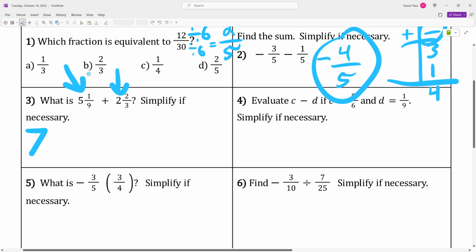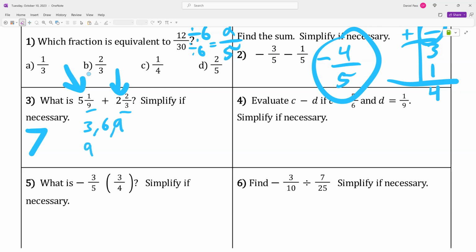Now what do we do? You want to find the common denominator for the fractions. From 3 and 9, we can write out the multiples: 3, 6, 9. There it is, 9. That's our common denominator. So we need to change 2/3 by multiplying 3 times 3.